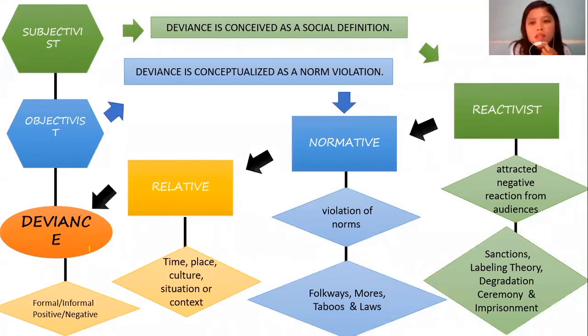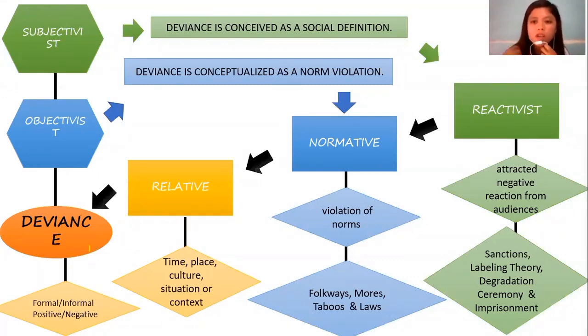So next, deviance is reactivist, which means that an act or behavior can only become deviant when it mostly attracts a negative reaction from social audiences. So what are these reactions to deviance?